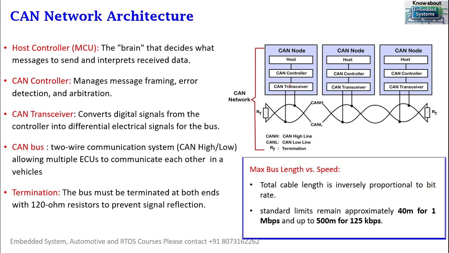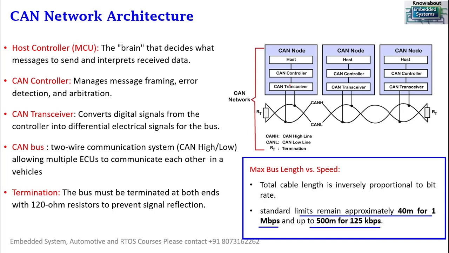Based on the variant, you will get different lengths. When you go for standard CAN, you can go up to 40 meters. Up to 40 meters you will be able to transmit data with a standard CAN of 1 Mbps speed. And if you go for low speed CAN, 125 kbps, it is going to be 500 meters.